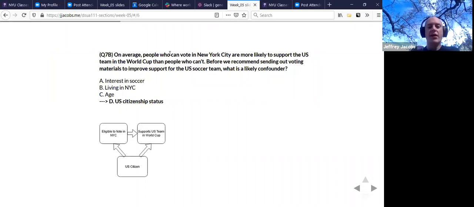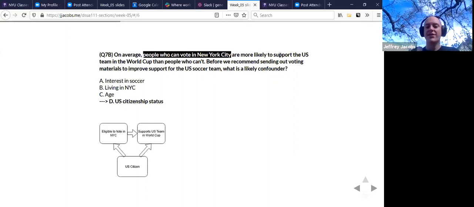And so we read that and we say, what are the two variables where the relationship is positive between them? One is definitely people who can vote in New York City, right? And then the more likely to support, that is describing the arrow in the diagram, not the nodes, right? So we'll get back to that, but this right here is describing a node, like a little box in the diagram.